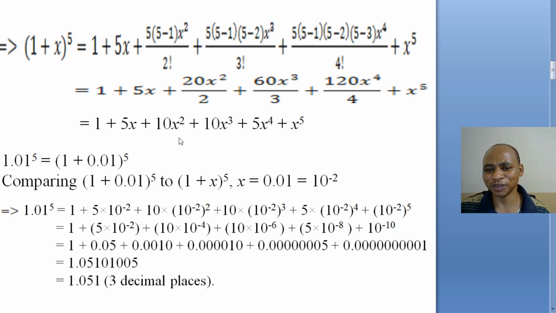And the final simplification will be 1 plus 5x plus 10x squared plus 10x cubed plus 5x to the power 4 plus x to the power 5.